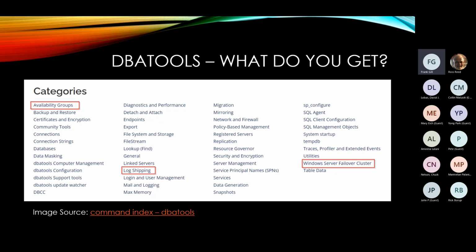But you've got the migration category, SQL Agent, so you can administer agent jobs, agent operators, agent alerts. You can do backups and restores. You can pull back any information about databases, and you can do this all within PowerShell scripts using these commands.